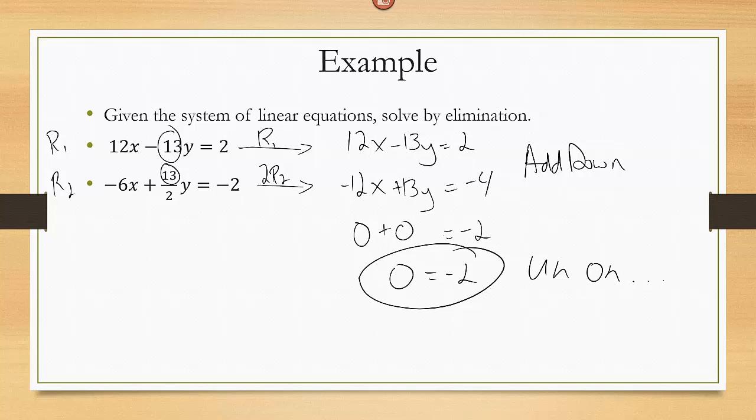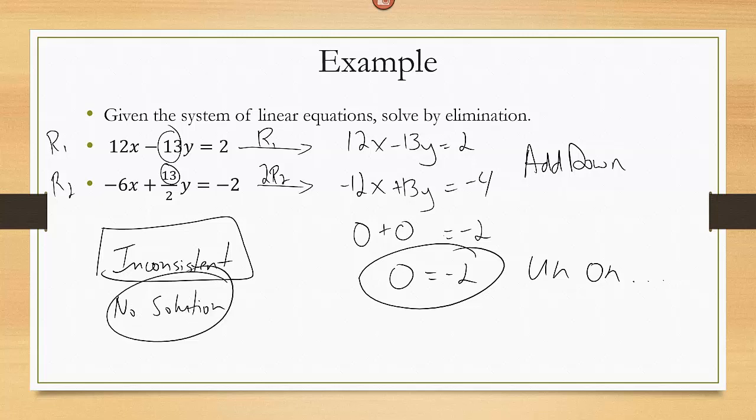Look what we have here. Does 0 equal negative 2? It does not. So if we have a solution that doesn't make sense, guess what? It is called inconsistent. And how many solutions does an inconsistent system have? None. So no solution.